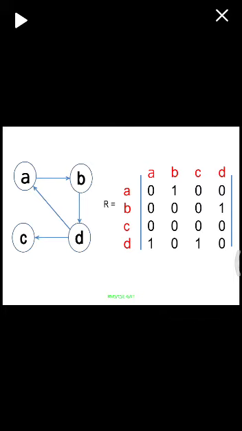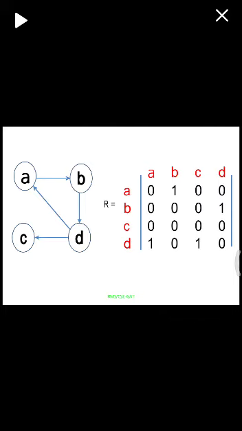For example, the first row is written for edges from vertex A. If I see the graph, we have a direct edge from A to B, and there is no direct edge from A to C and A to D. So in the adjacency matrix, A to B is 1, that is first row second column is 1, then A to C and A to D we have entered 0.